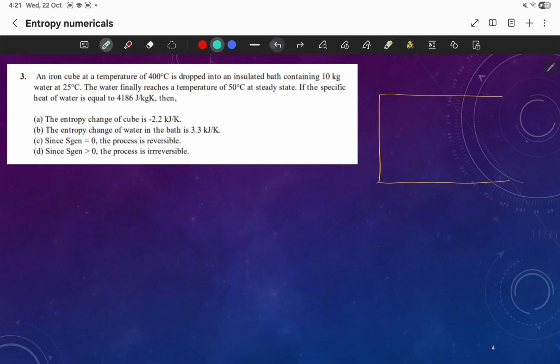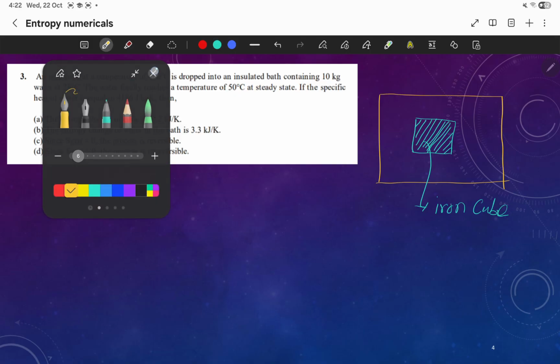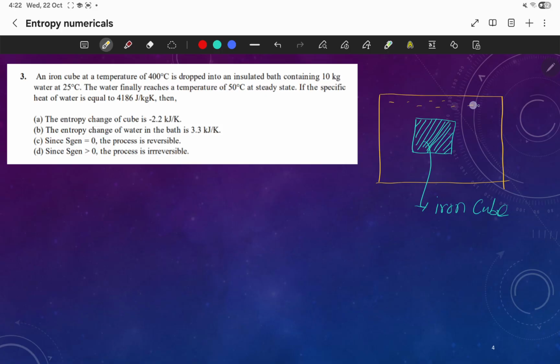So let's make it a cube. This is the iron cube, and this is submerged inside the water. The iron cube.